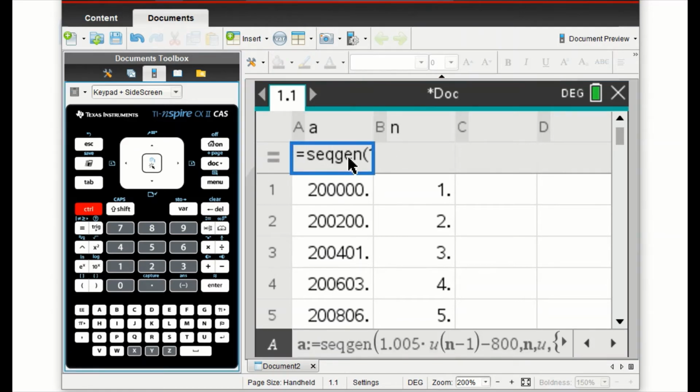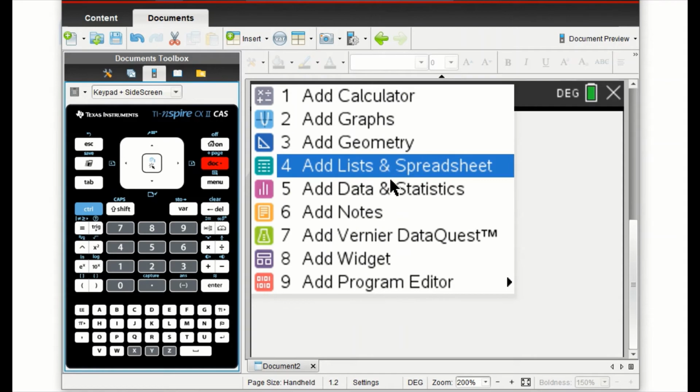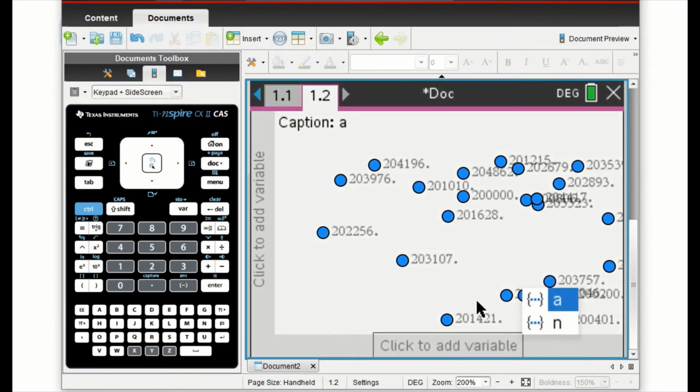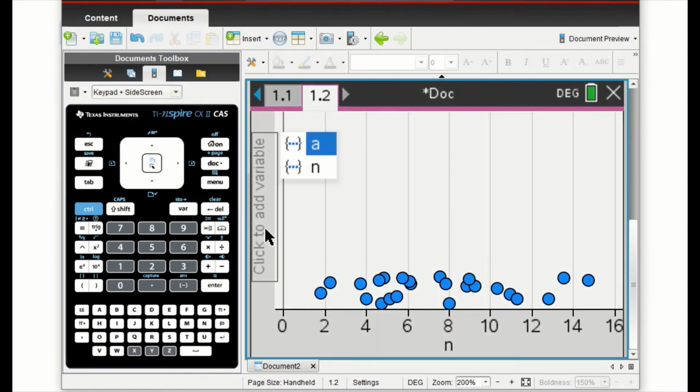So by looking at all these numbers, you should know that you will have an exponential, increasing to infinity and keeping on increasing after that. Let's look at the graph and see whether it can tell us. Add another page, then data and statistics. So N and this is A.